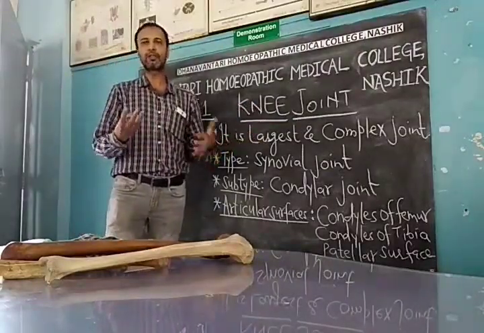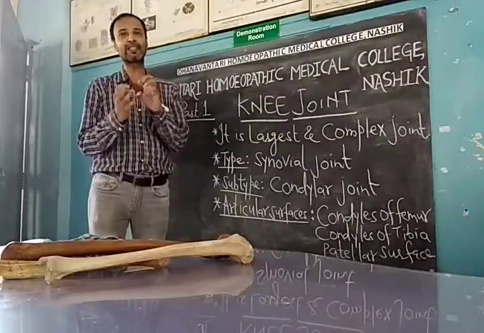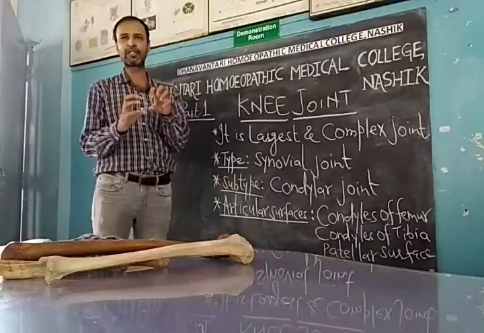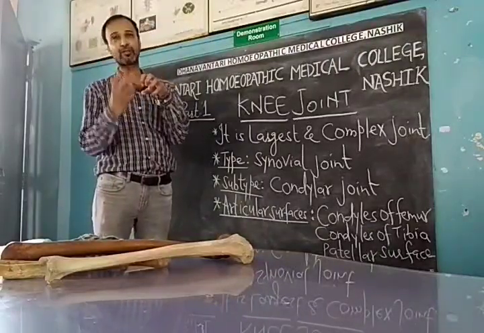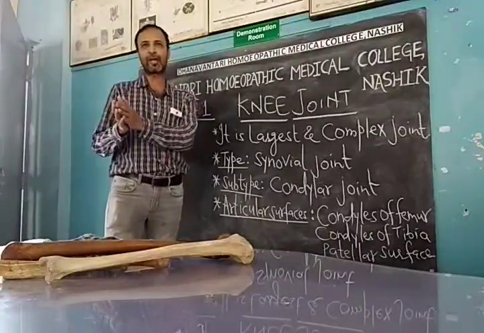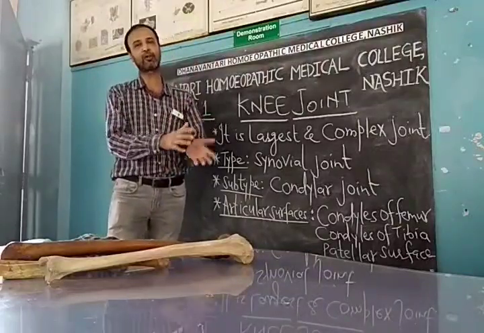It is complex because three small joints fuse or join together here. Though the bones are only two, the parts of the bones, the condyles, are involved: the medial condyle of the femur with the medial condyle of the tibia, and the lateral condyle of the femur with the lateral condyle of the tibia.